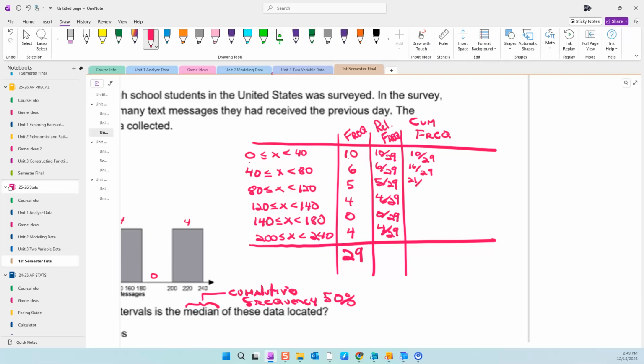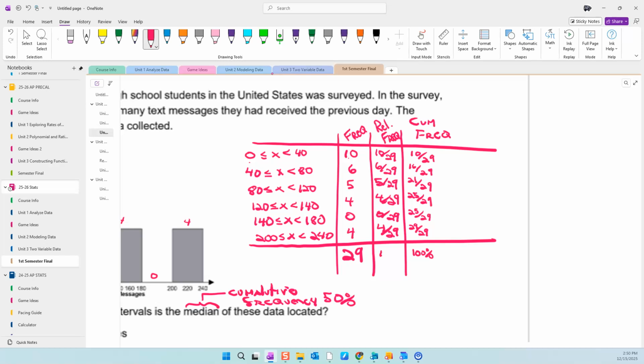That's 21 over 29. And then 21 plus 4, that's 25 out of 29. 25 and 0, still 25 over 29. And then if I add 4 to this one, I get 29 out of 29, which adds up to 100%.